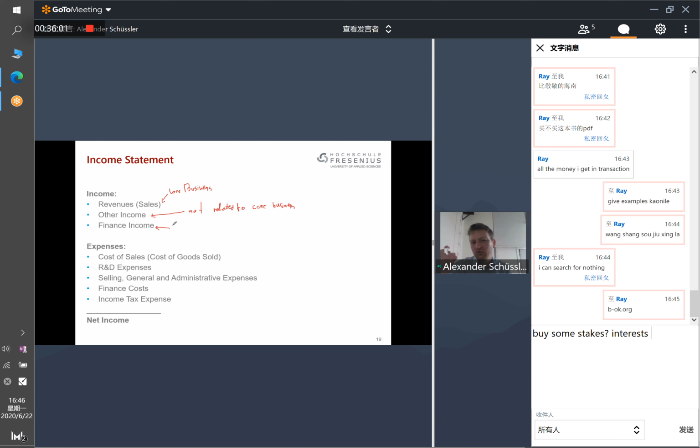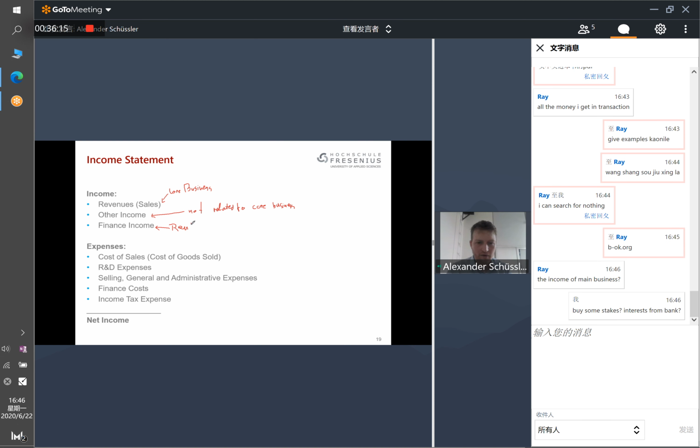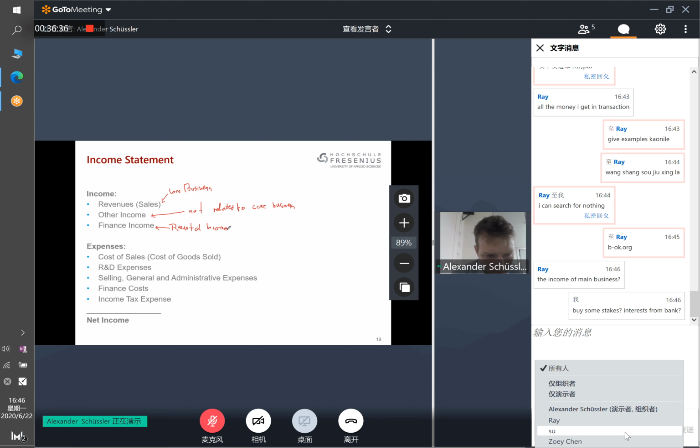When a company receives dividends, but it's also rental income, for example. When a firm rents something out, it's called rental income. Or the disposal of an asset. When a company gets rid of an asset, sells the asset, that's also income.